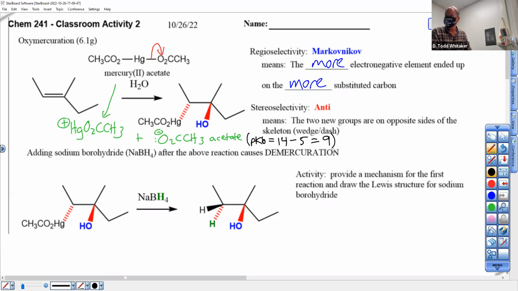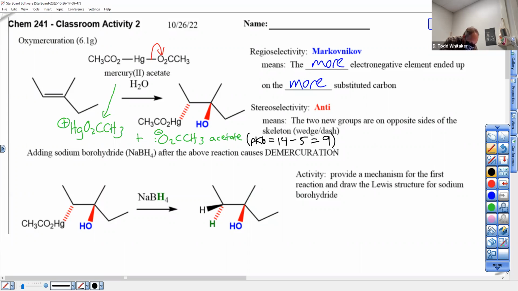We're talking 100 billion times stronger base here than water. So when I ask you what base we're going to use at the end, you're going to say acetate, right? Okay. Right before the end, I'm going to draw the Lewis structure for sodium borohydride.